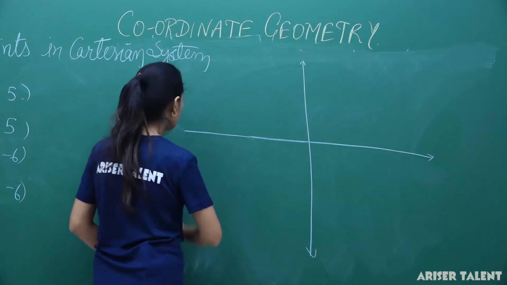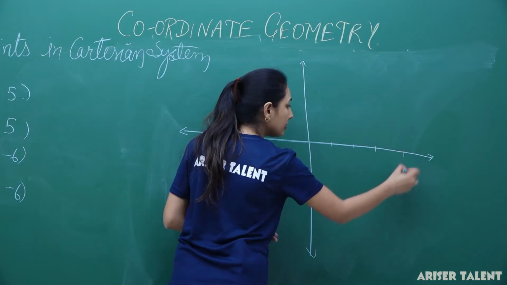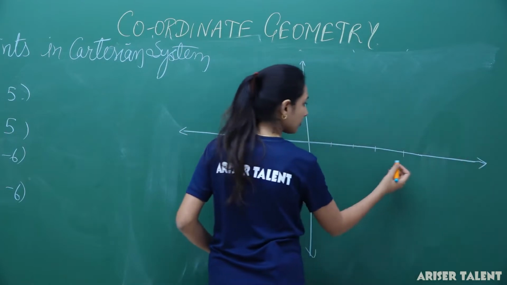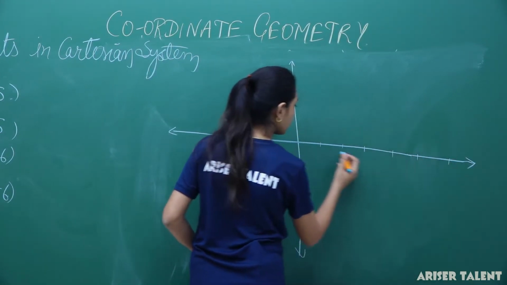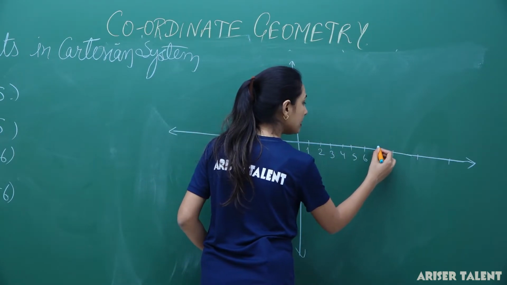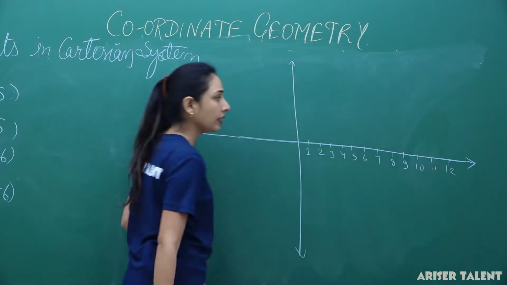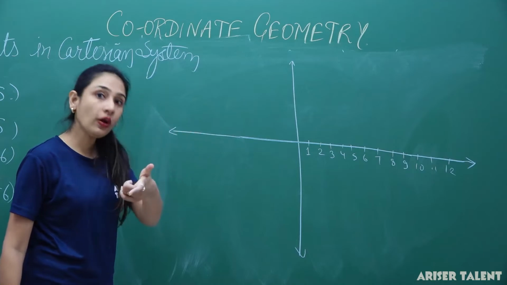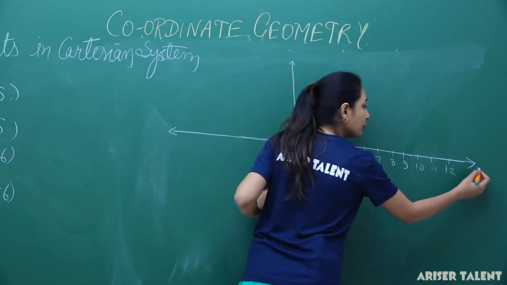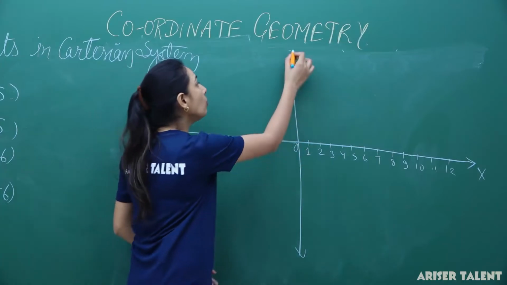You have to take margins here like 1, 2, 3, 4, 5, 6, 7, 8, 9, 10, right? Make two perpendicular lines. The first horizontal line is XOX dash, and draw its perpendicular YOY dash.